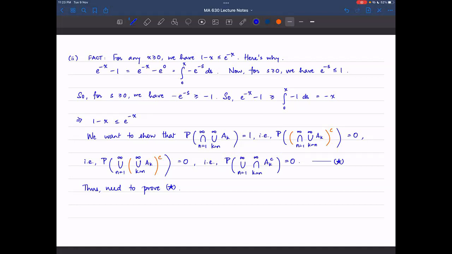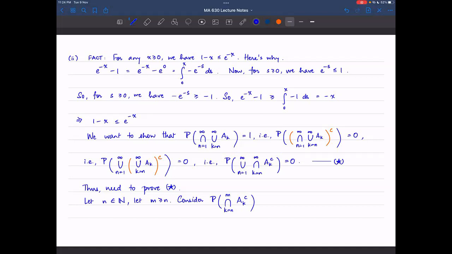So let's see how we'll go about doing this. Let m be some natural number greater than or equal to n. And now what I'm going to do is consider the probability of the intersection, k going from n to m, of Ak complement. Remember, we've talked about independence, and in undergraduate probability, you talk about independence of events.